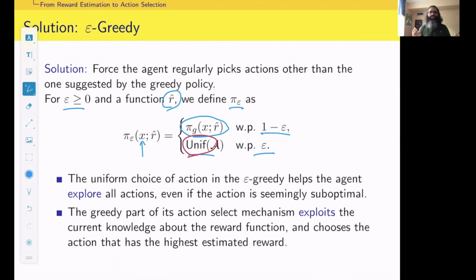It tries to exploit that knowledge and maximize the reward, given that knowledge. But of course, because that knowledge might have some inaccuracy, exploiting it all the time is not a good idea.